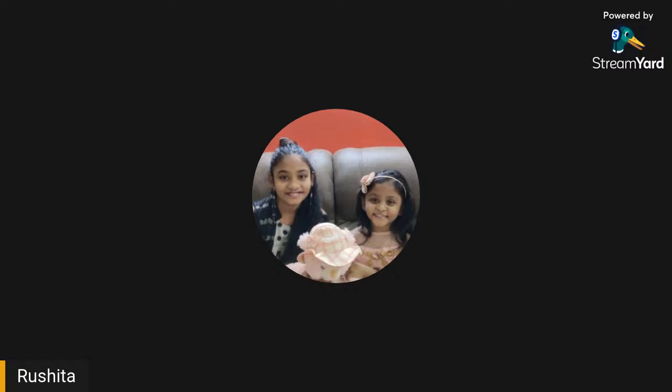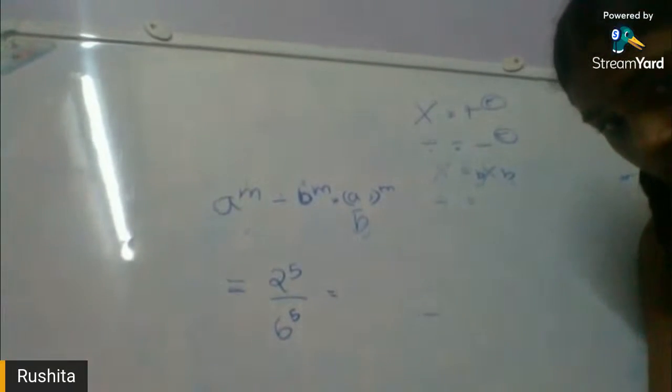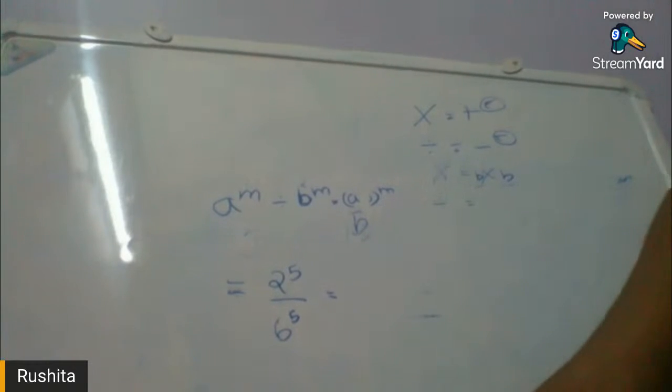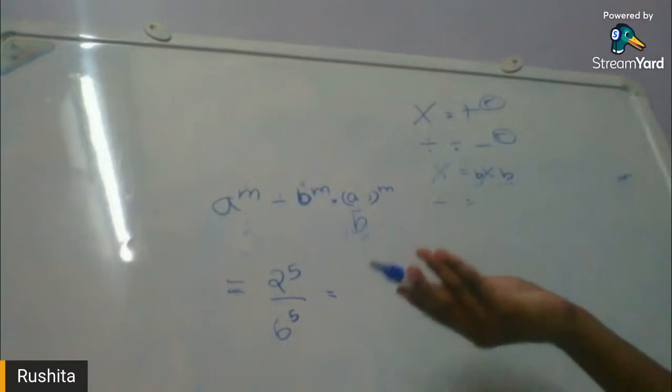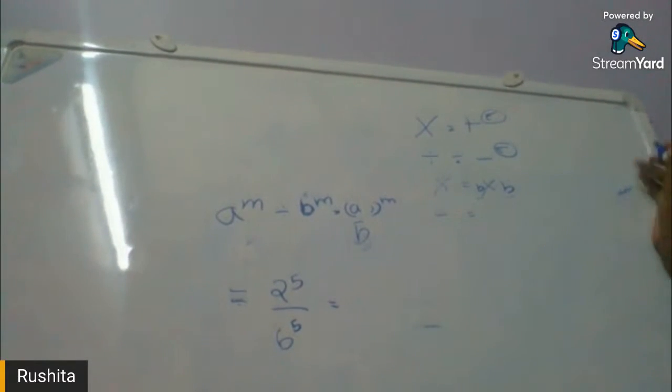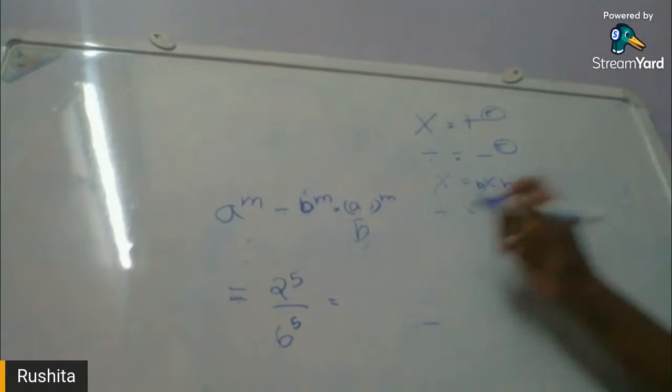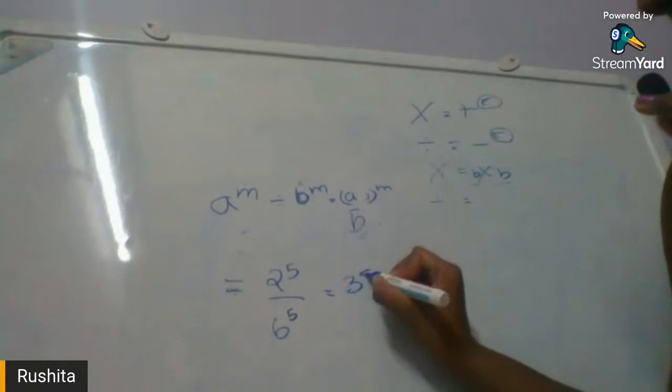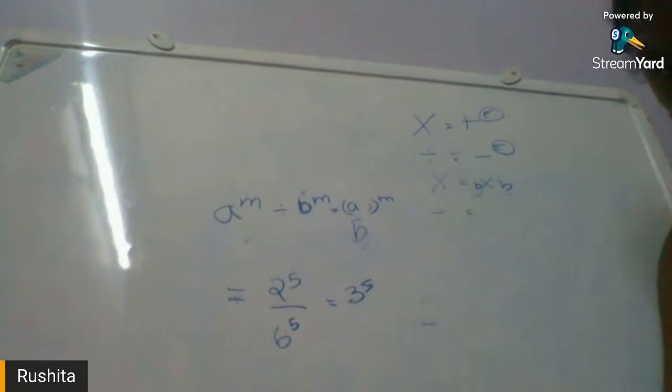Yes, I think there's a network problem. 1 minute. Yes. So you're now going to divide them. 6 divided by 2, which will be 3 to the power of 5. So this is how you are going to do it.